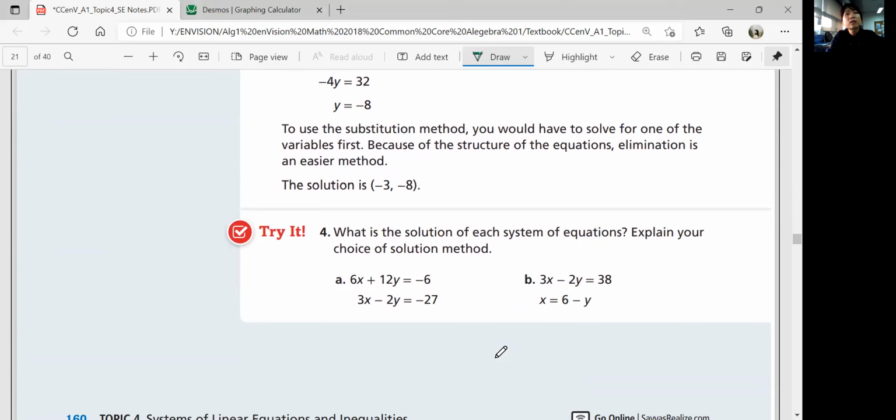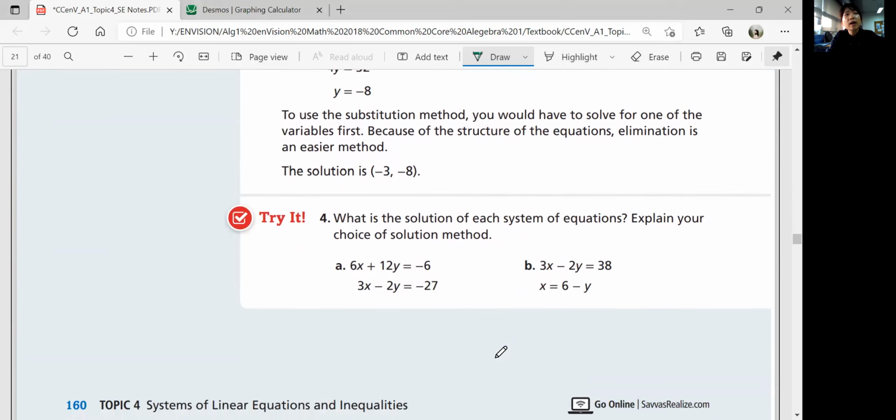Okay, so let's look at try for A and B. What's the solution for each system of equations? Explain your choice of solution method. Okay, so for part A, which method do you want to use? Is it easier to solve for one variable and then substitute?